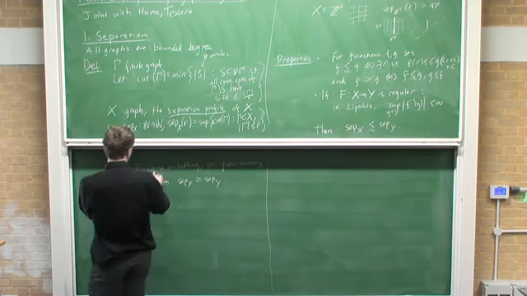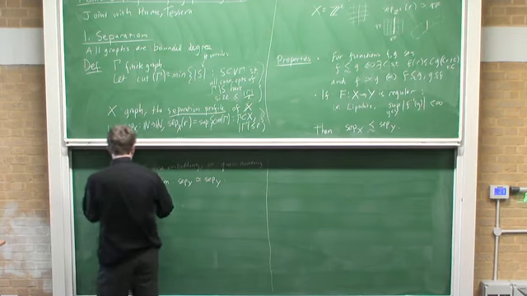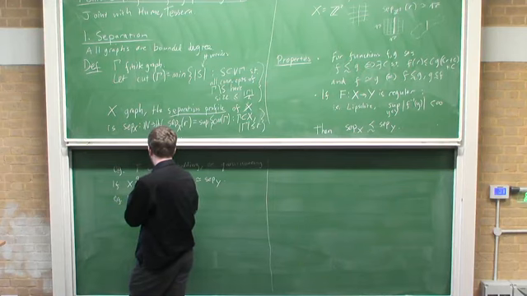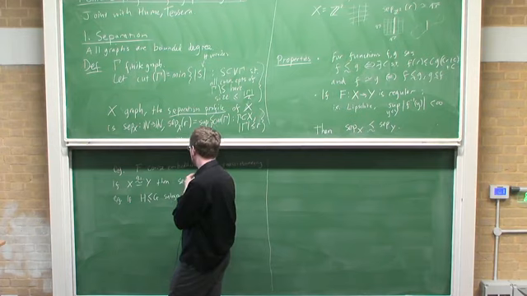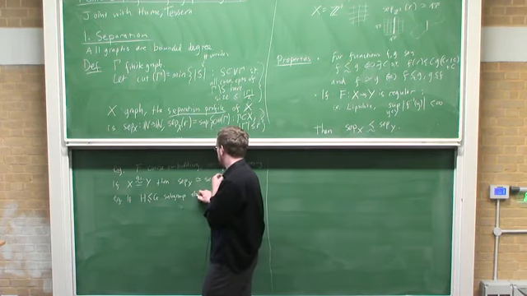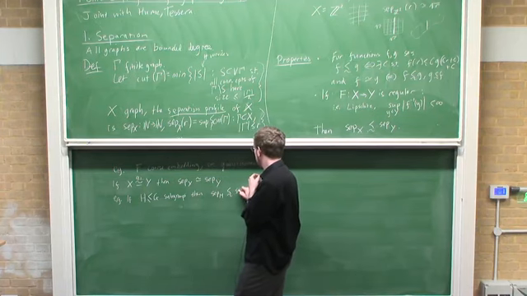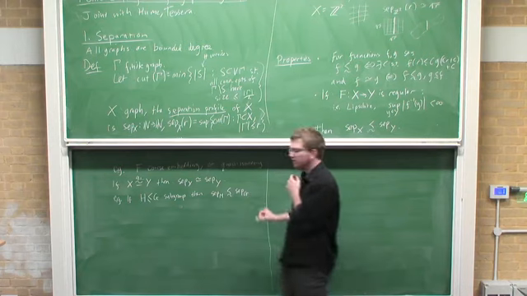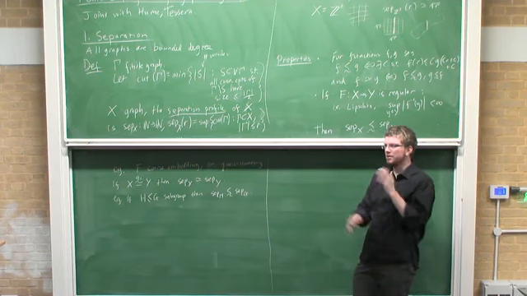So for coarse embeddings, you could think of subgroups. Then the separation of H is a lower bound for the separation of G. So it doesn't care about large scale distortion.